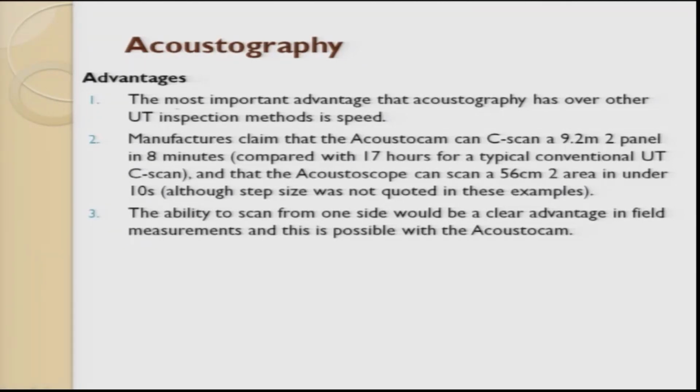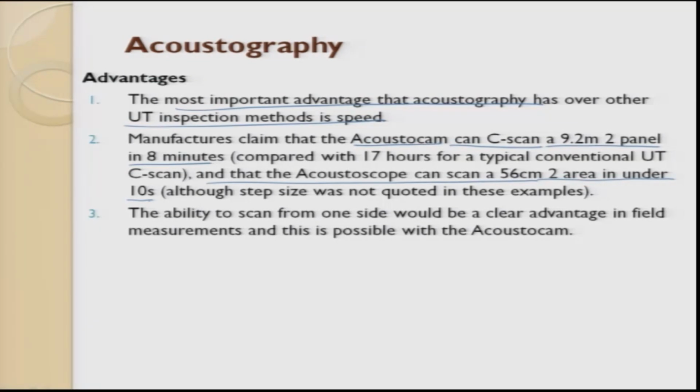The advantage is that the speed of the method is very good. The manufacturer claims Acoustocam can C-scan a 9.2 square meter panel in 8 minutes, and it can do 56 square meter areas under 10 seconds. So, this technique is much faster compared to your C-scan. The C-scan, as I told you, A scan, B scan, C scan, this can be much faster.